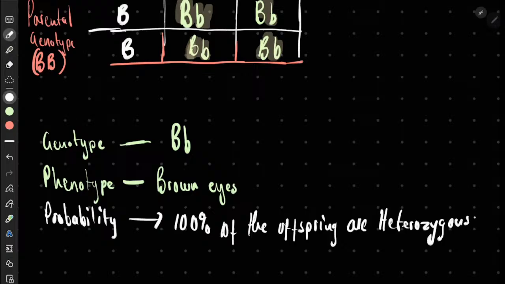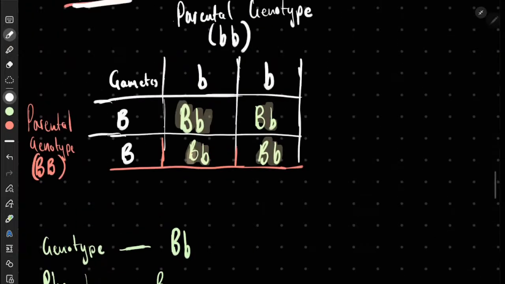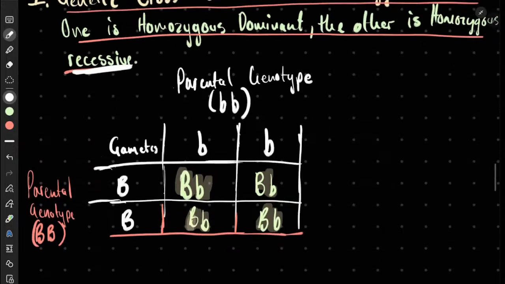If the parents are homozygous dominant and homozygous recessive, all the children that are made from such parents are heterozygous. Are we together? Heterozygous just means the two alleles are different. Are we together? So should we go to the next one?